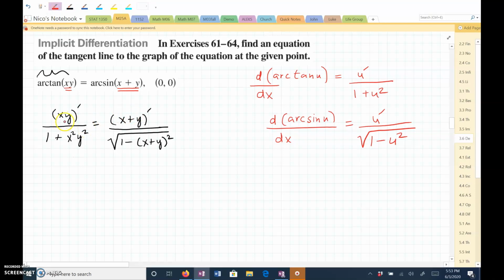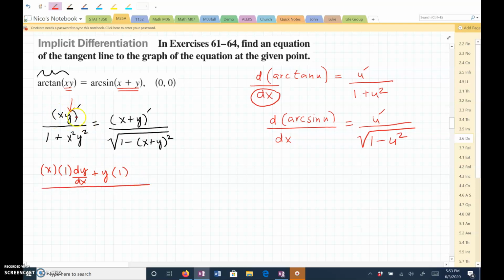So let's do this product here. It's going to be the first function, which is x, times the derivative of the second function, which would be 1. But here you're going to do dy/dx, because we're taking the derivative with respect to x, that's a y, plus the second function times the derivative of the first function.